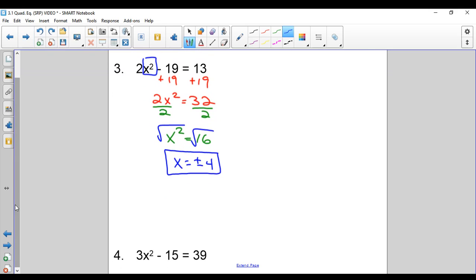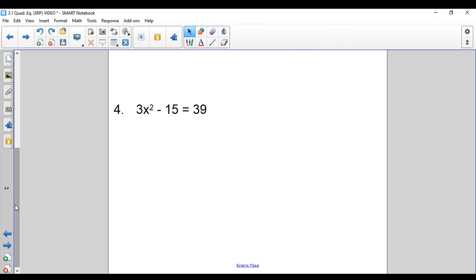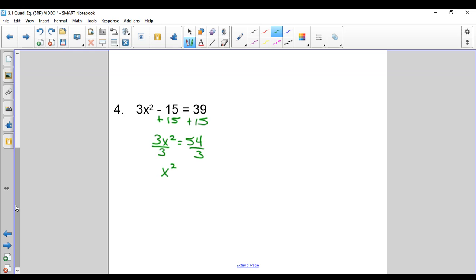Next one, same deal, just more of the same. We add 15 to both sides. Get 3x squared equals what? 54. Divide by 3. Get an x squared equals 18.